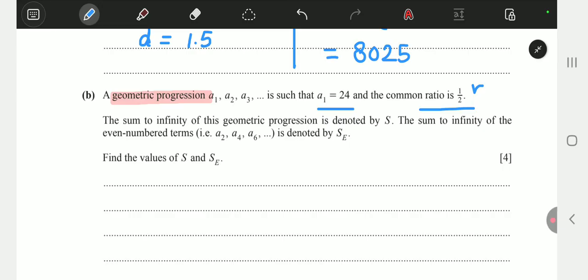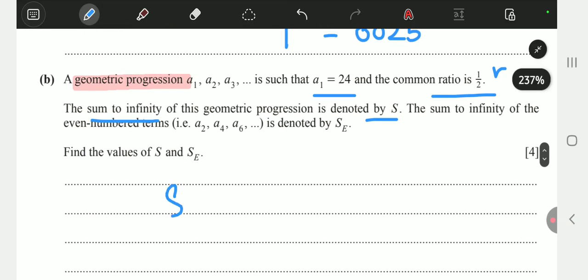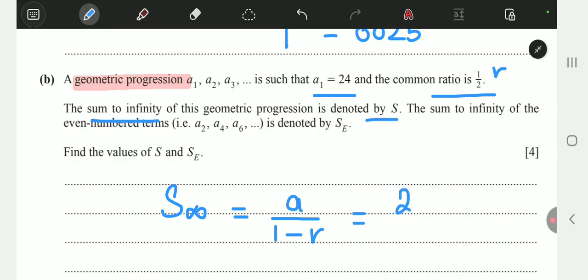Okay, so let's start with sum to infinity of this progression, for which they have given you a1 and r as well. What's the formula for sum to infinity for a geometric progression? This formula is very simple. a1 over 1 minus r. What is a? a is given to be 24.